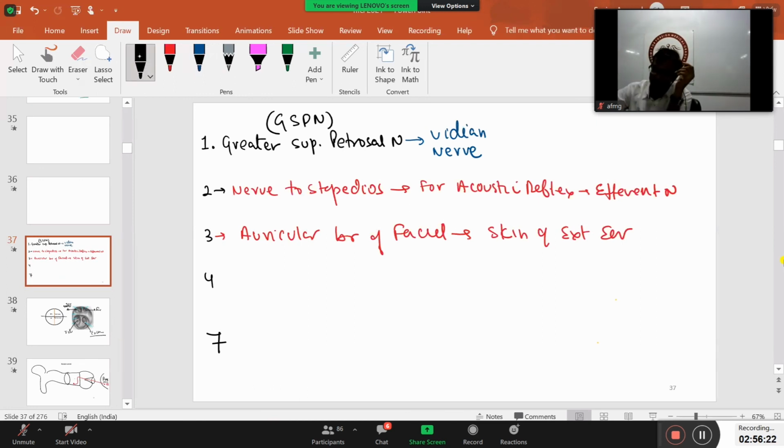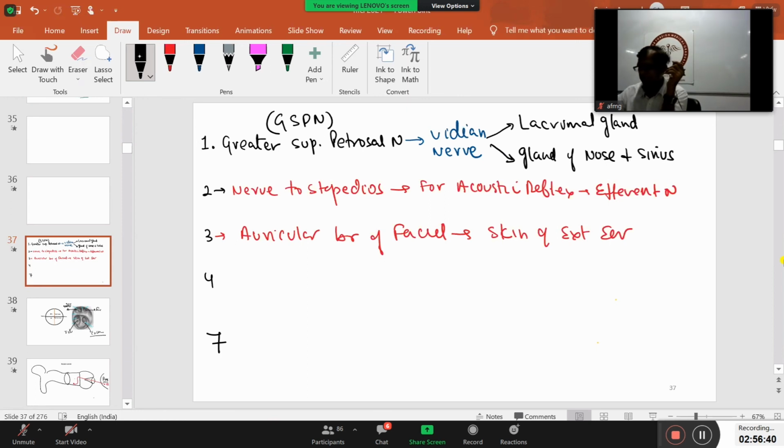And this vidian nerve supplies 2 types of glands. Lacrimal gland and glands of nose and sinus.